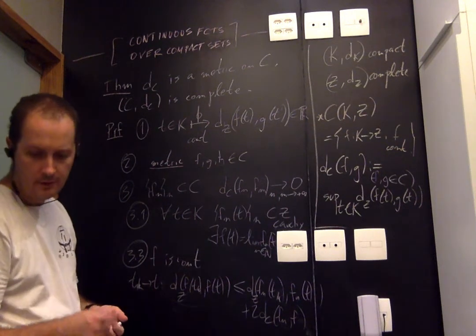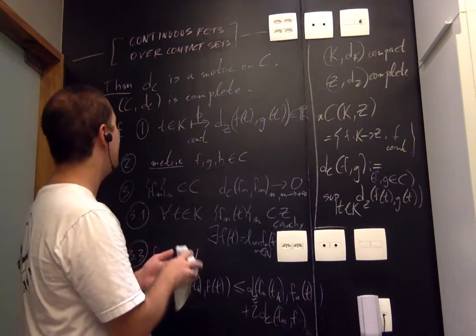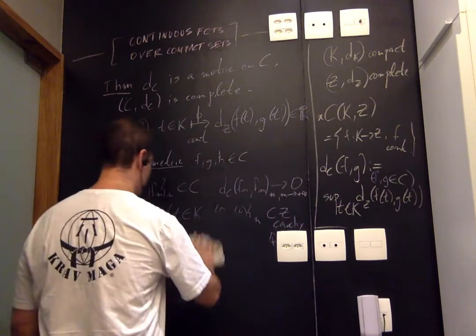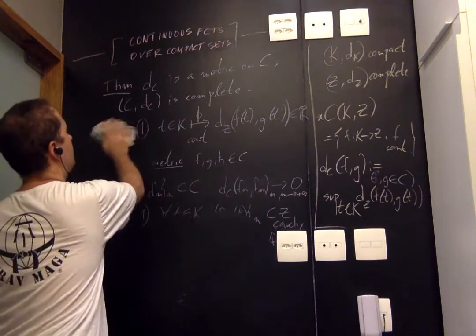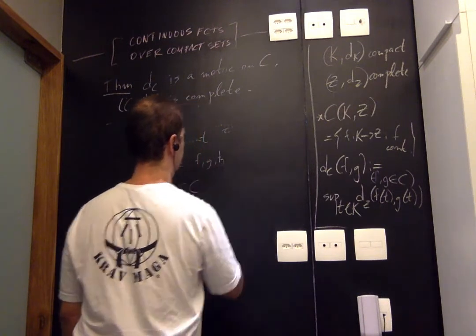Okay. Now, there's one last thing that I want to mention, and I was already kind of fast with this, but I'm going to be even slightly faster with what I'm going to say right now, which is more like a remark that we're going to use later.